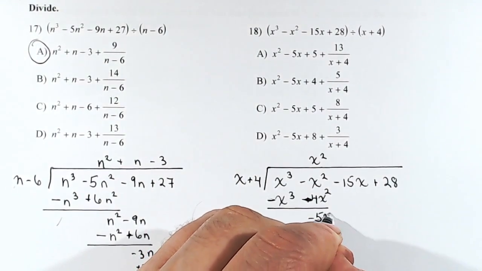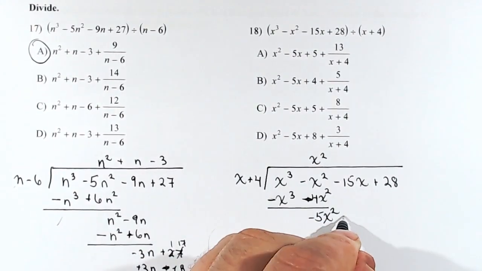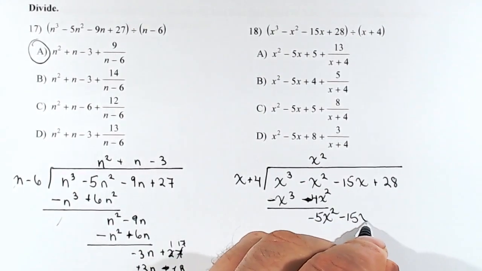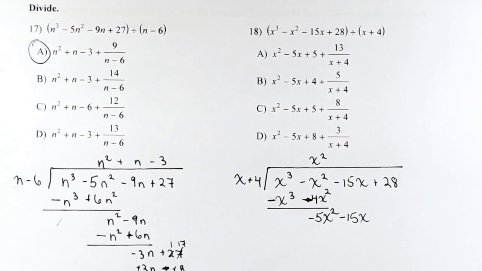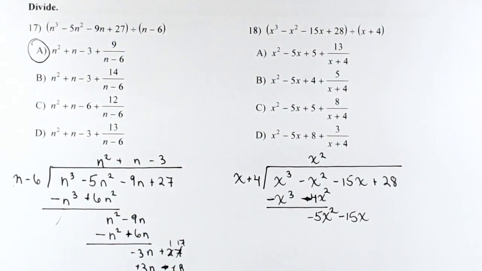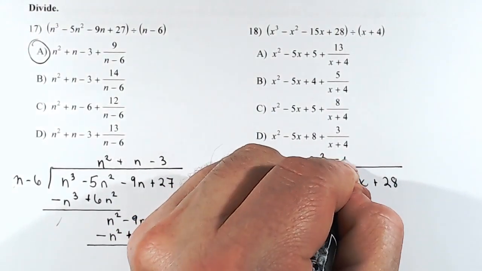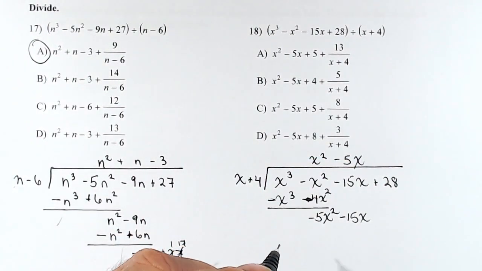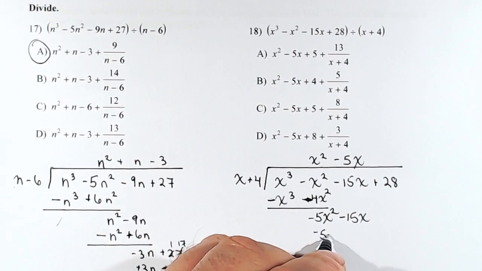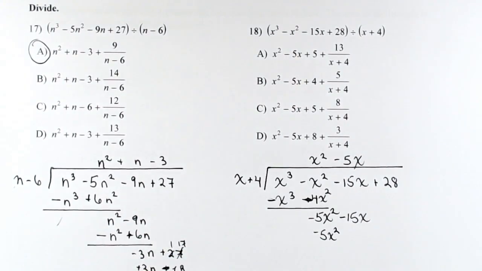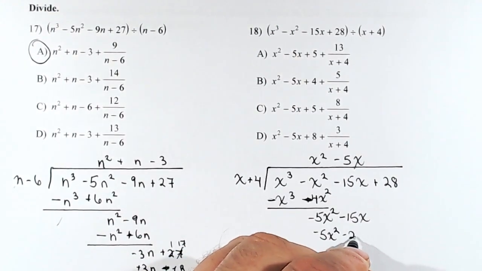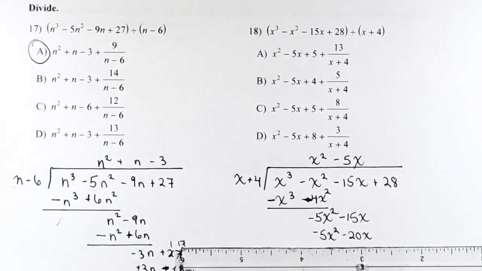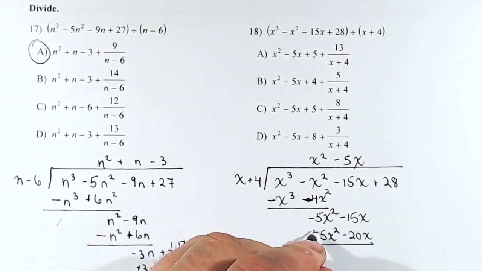Bring down this minus 15x, and ask yourself what you would need to multiply by x to get negative 5x squared, and it would be negative 5x. Well, negative 5x times x is negative 5x squared. And negative 5x times 4 is negative 20x. Okay, draw a line, change the signs.